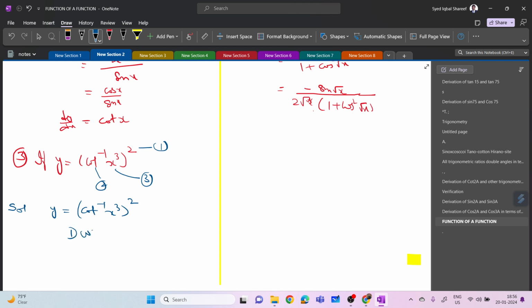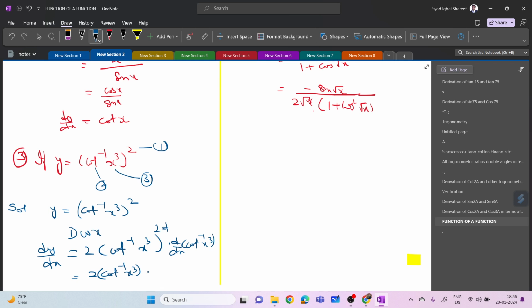Now differentiating with respect to x, dy by dx. Now power 2 times cot inverse x cube to the power of 2 minus 1. Then d by dx of cot inverse x cube. Now this is 2 cot inverse x cube, since 2 minus 1 is 1, so we don't write 1.